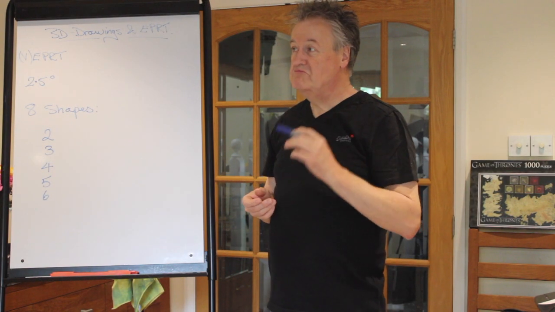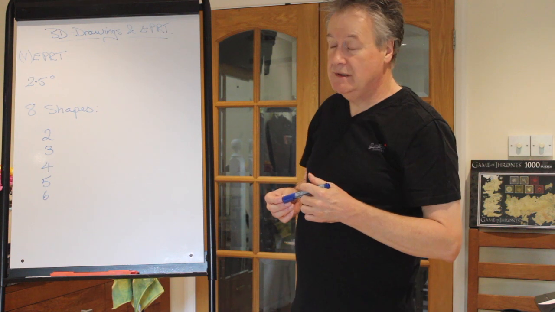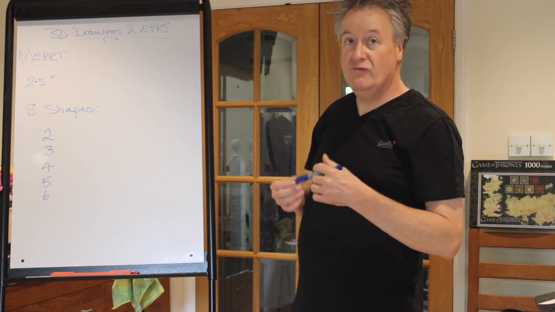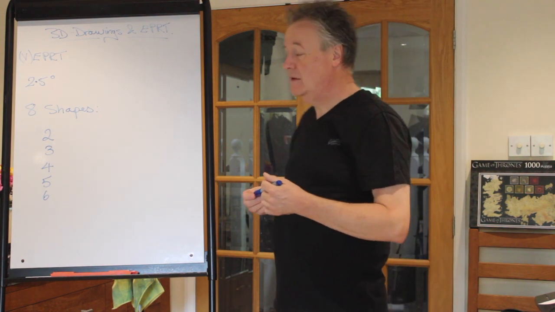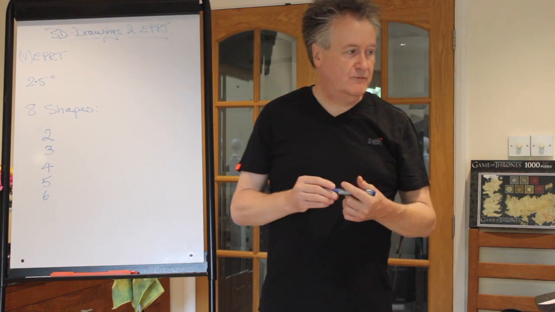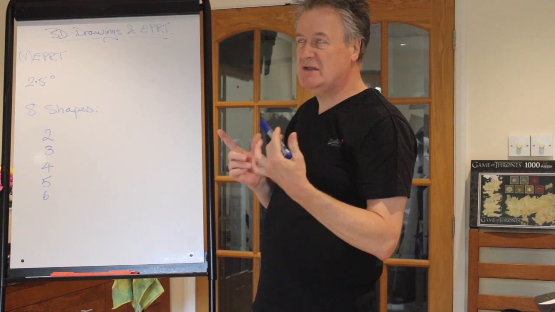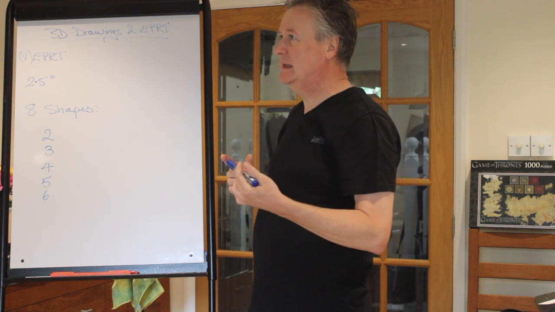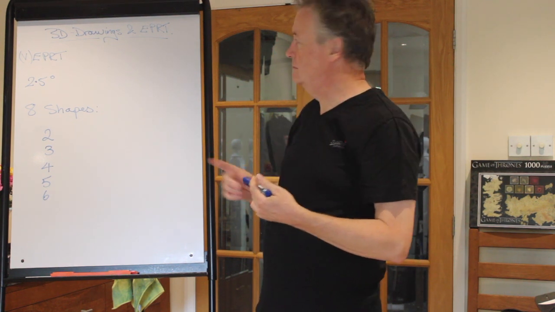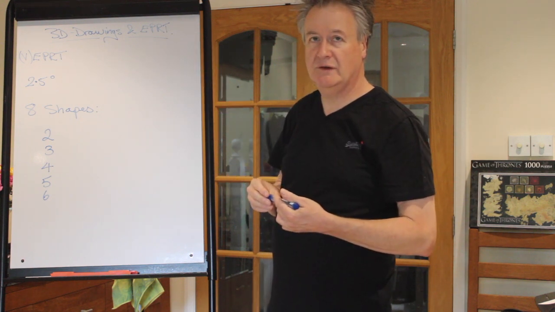Hello again. Time for another one of these requested revisions. I was asked about 3D drawing, but that has to be done in connection with EPRT, as I call it.